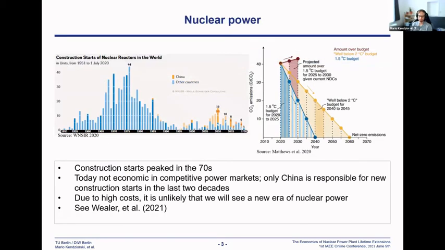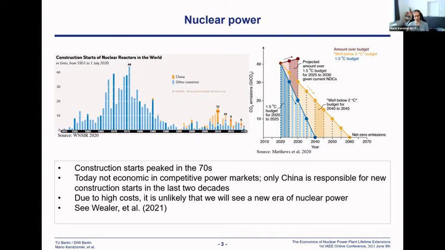If we talk about nuclear power in the context of the decarbonization process, we have to consider that most nuclear power plants were built in the 70s and 80s. That is especially true for the Western world.